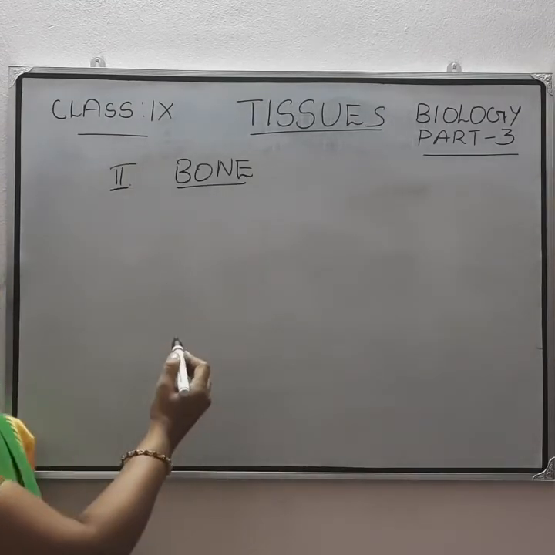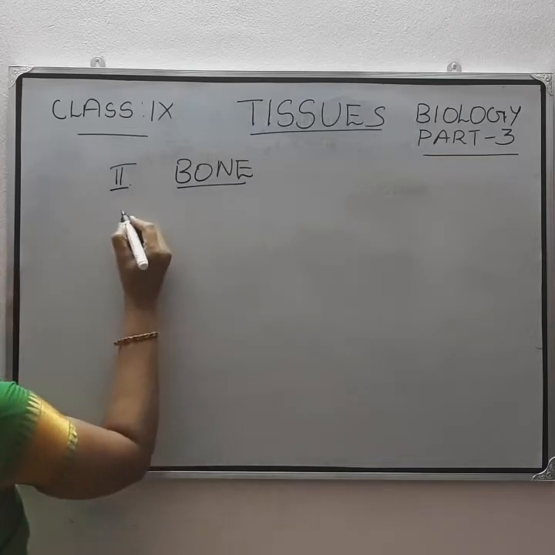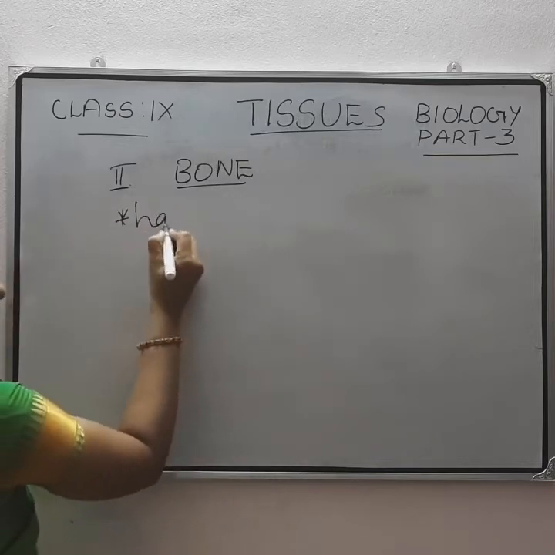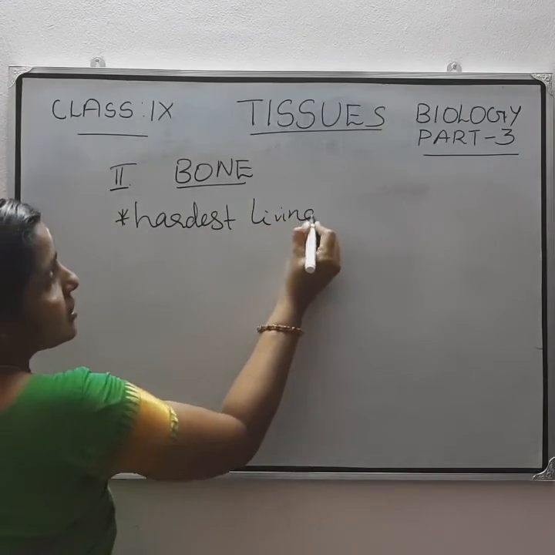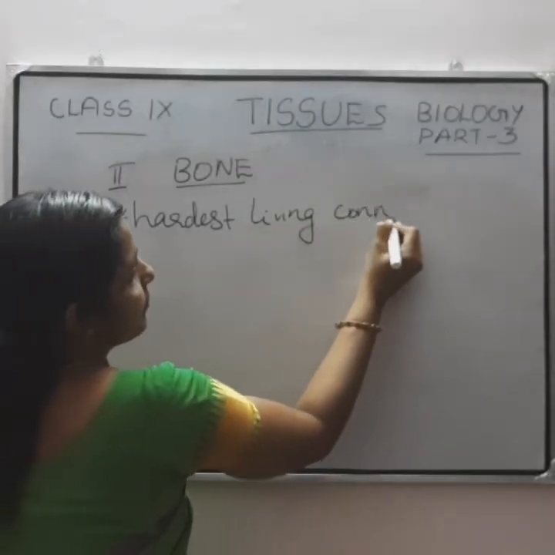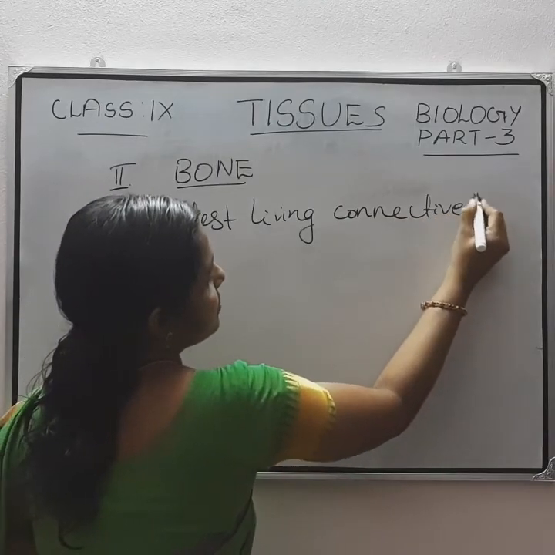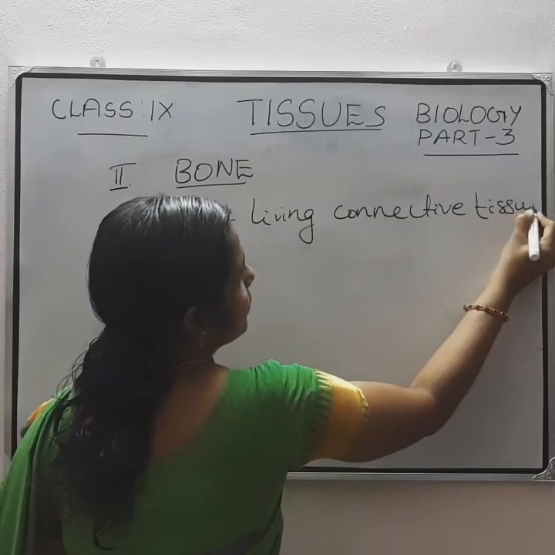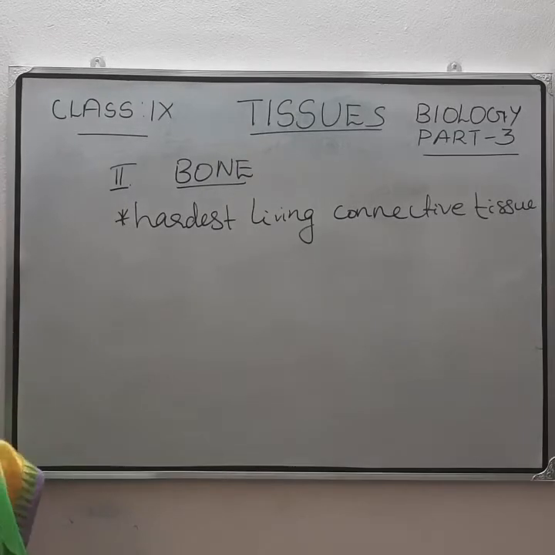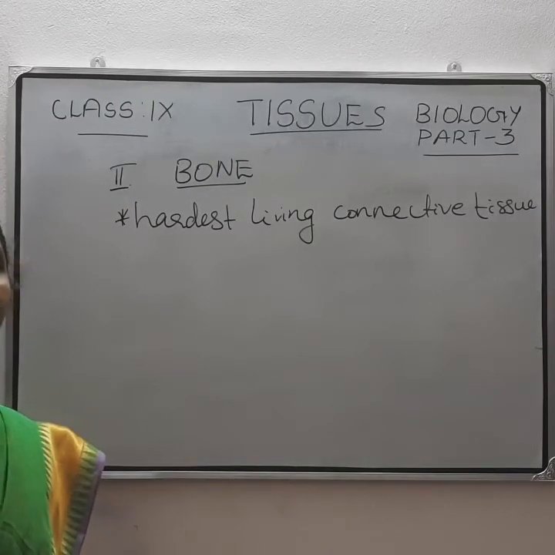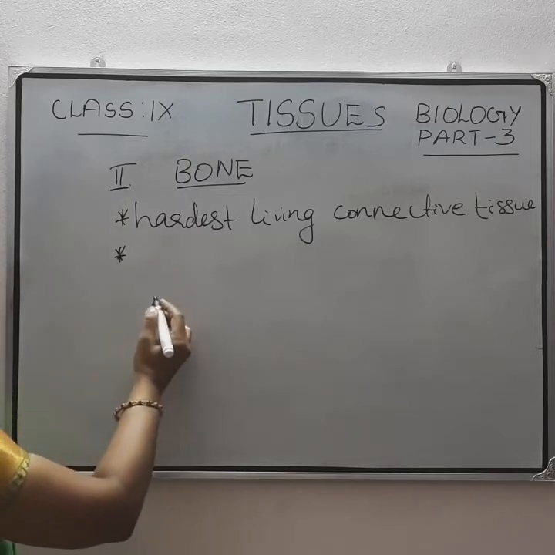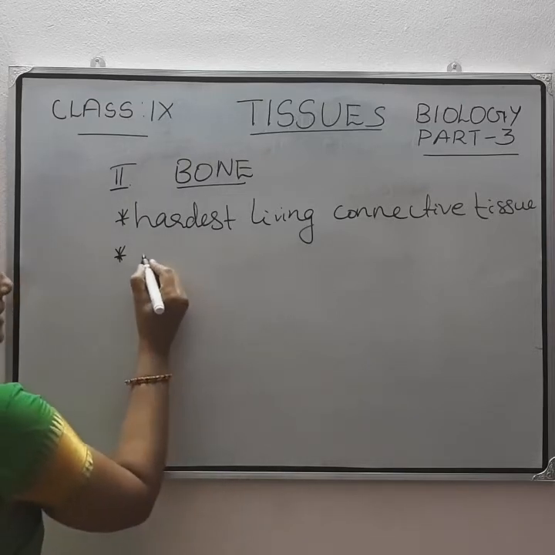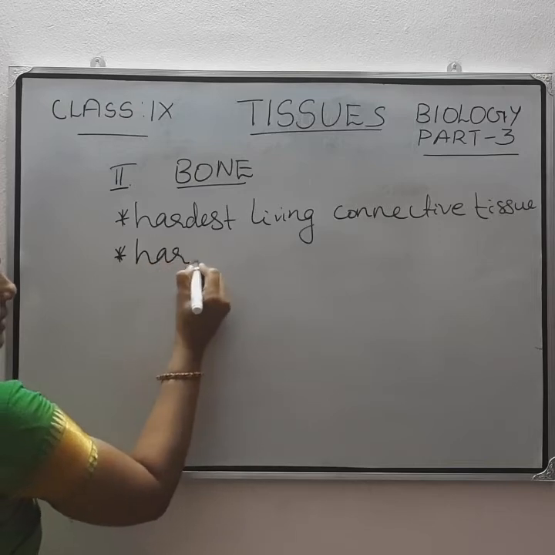Then another connective tissue, bone. It is the hardest living connective tissue in the body, and this bone also consists of a matrix or medium, but it is a hard matrix.